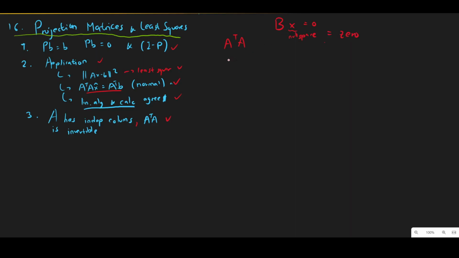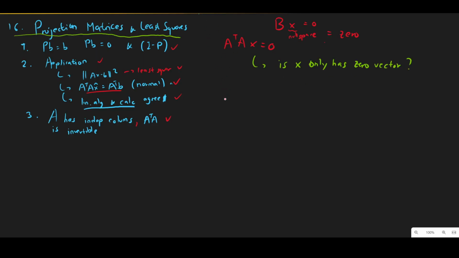Let's do the same thing here. A transpose A times x equals 0, and we want to prove that x only has the 0 vector as a solution.